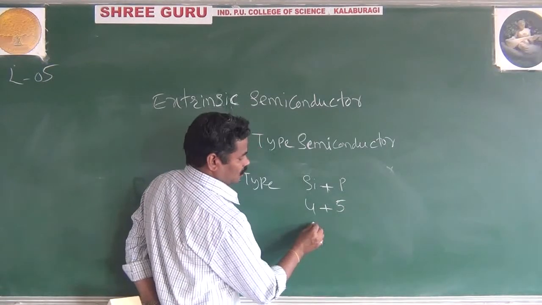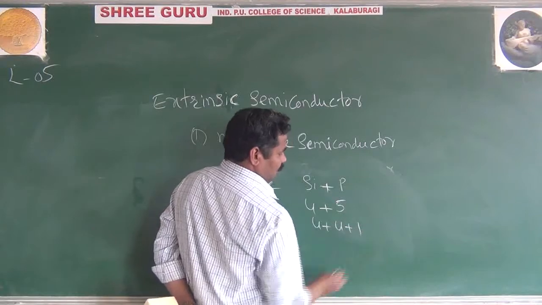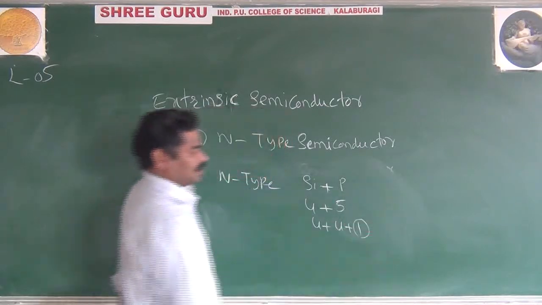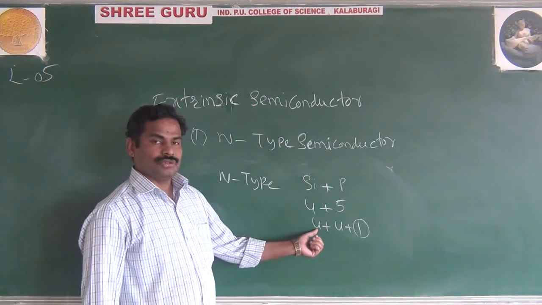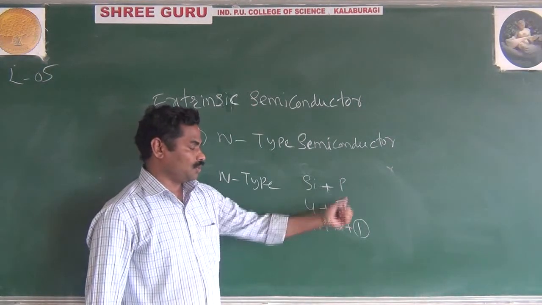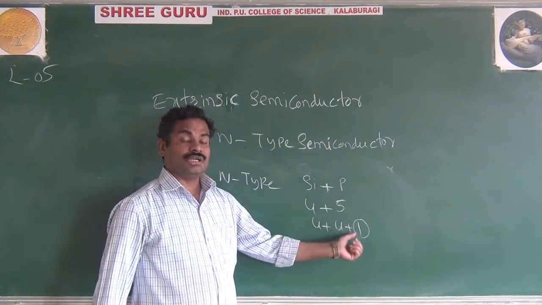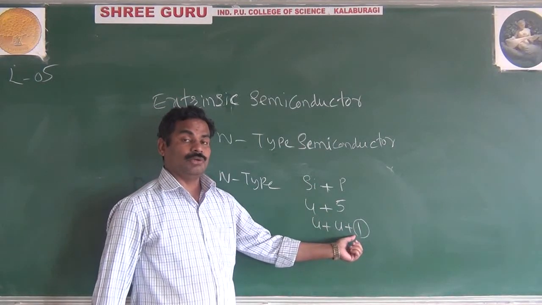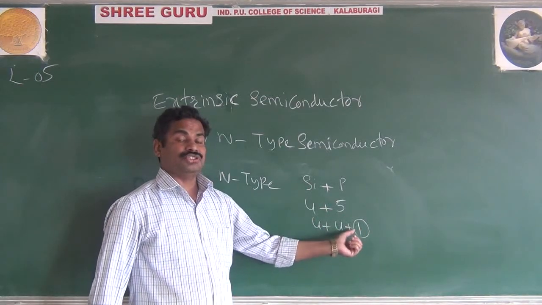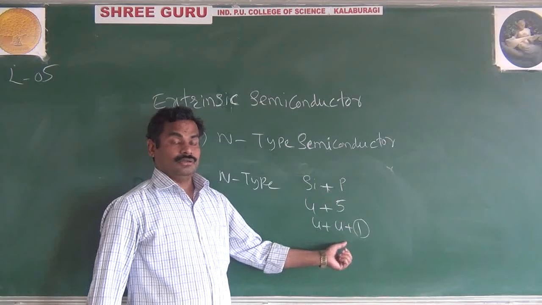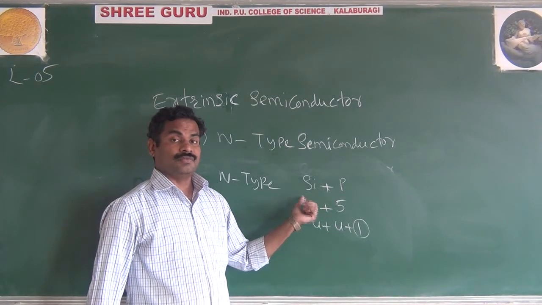It means 4 plus 1, so there is one extra electron, because the 4 electrons of phosphorus make covalent bonds with the 4 of silicon, but one extra electron is there. This is not in any covalent bond with silicon because it is totally extra, and this extra electron is nothing but the free electron. That's why the N-type semiconductor impurity is called a donor.